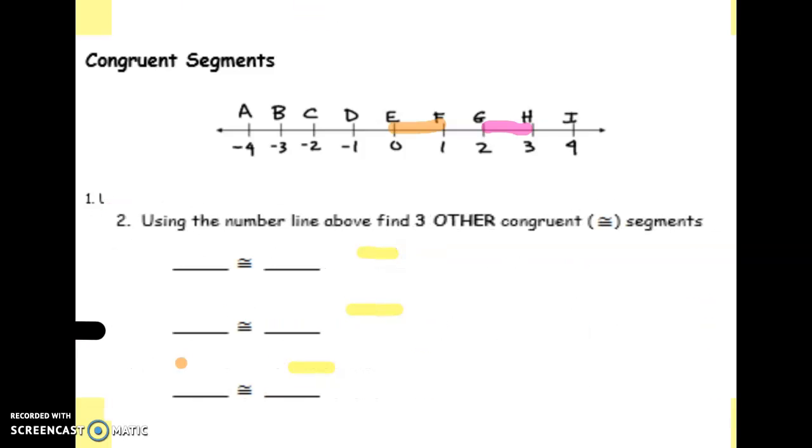Now sometimes it might ask you to list congruent segments, and you're free to list them however you want, as long as you have 2 letters to describe a segment. We need a starting and a stopping point. So just to give you some examples, we could say AB is 1. Now there are so many options.